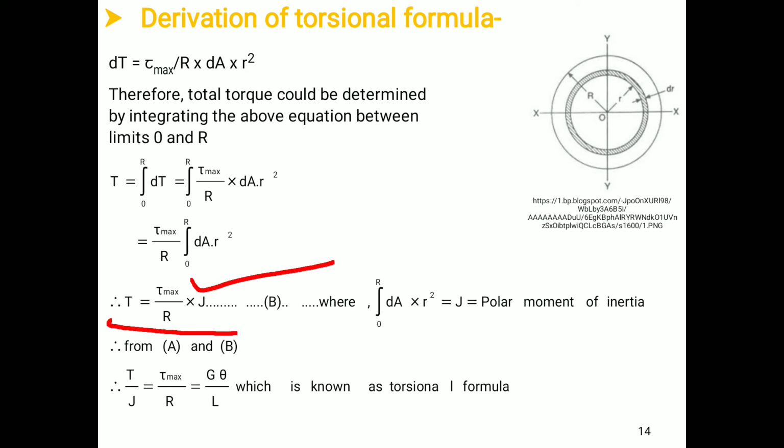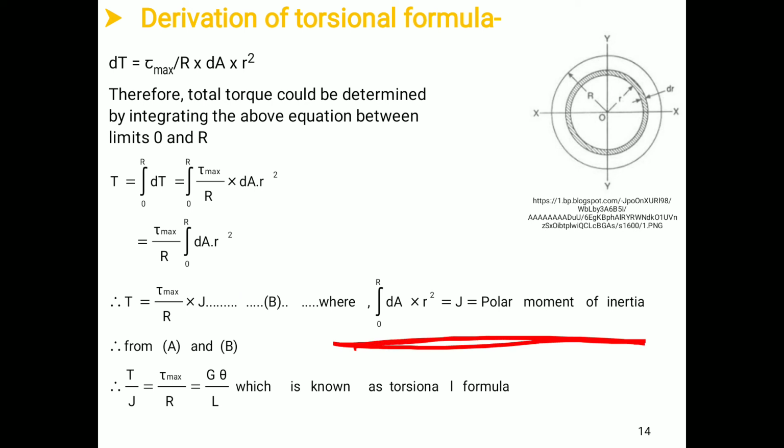J is the polar moment of inertia. So the integration over the limit of 0 to R of dA into r square is equal to J, the polar moment of inertia, and that value we have put in this equation B. So we have equation B: T is equal to tau max upon capital R into J.